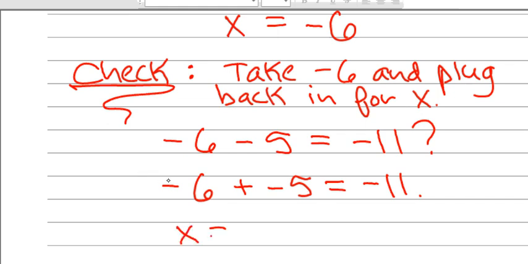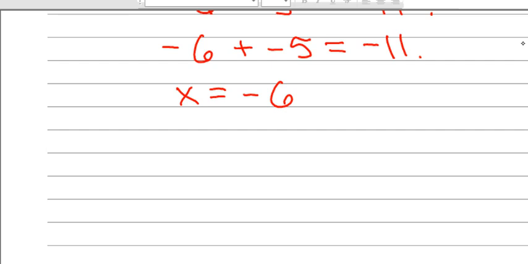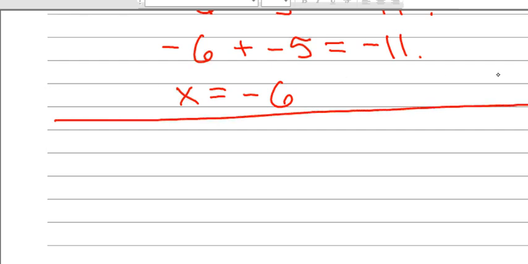So the true answer is x is negative 6. It does work and it checks out. So I hope that kind of takes you back to a little bit of a review. And that's how we're going to be doing. But we're going to be solving with decimals now.